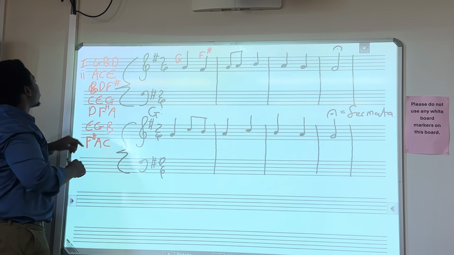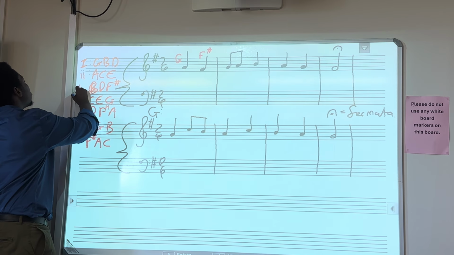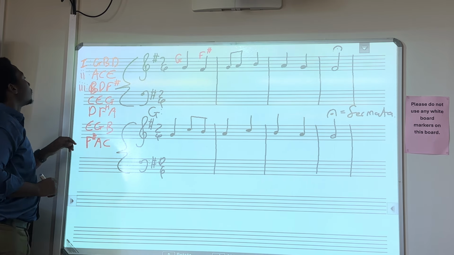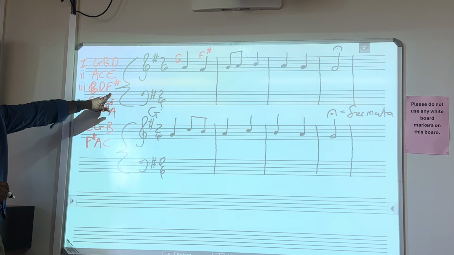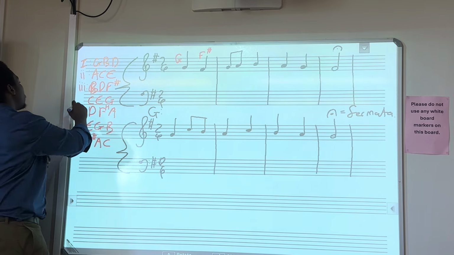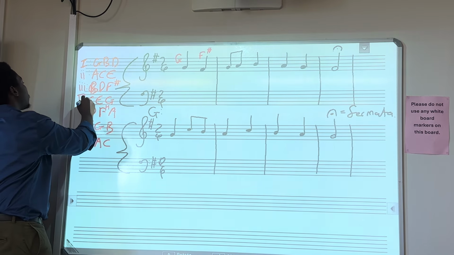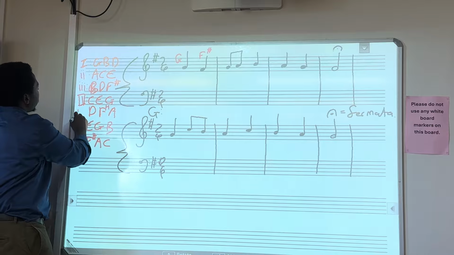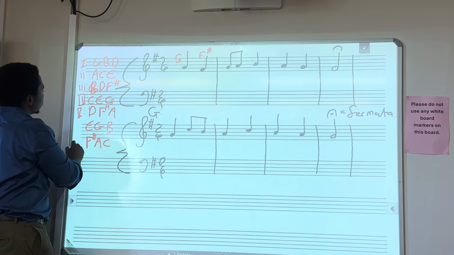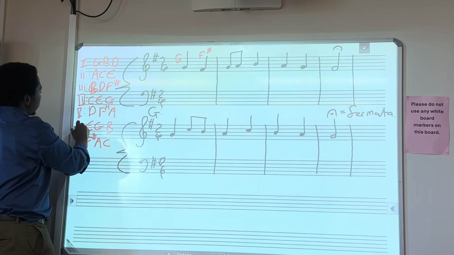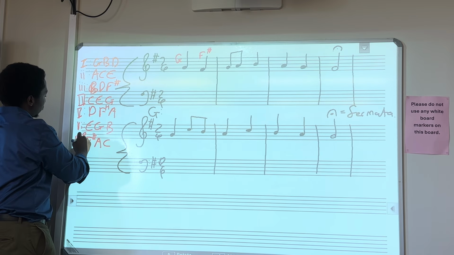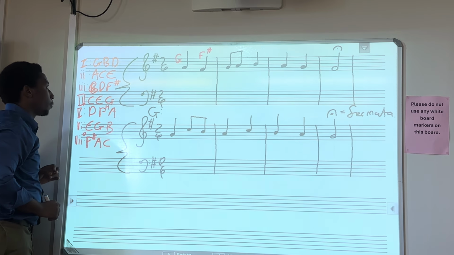The next one is B, D, F. It's also minor. Chord 4 is major. Chord 5 is always major. Chord 6 is minor. Chord 7 is diminished. And you go back to 1.